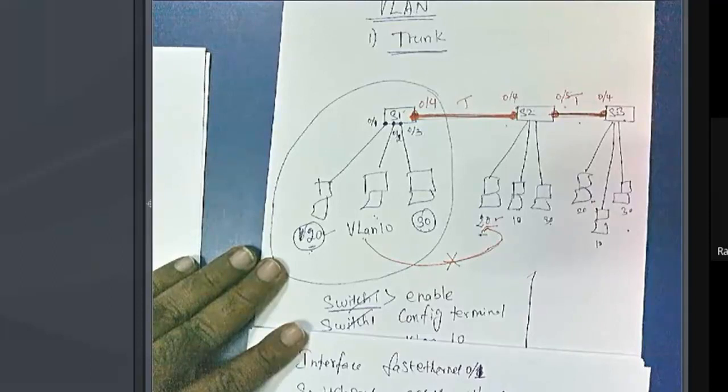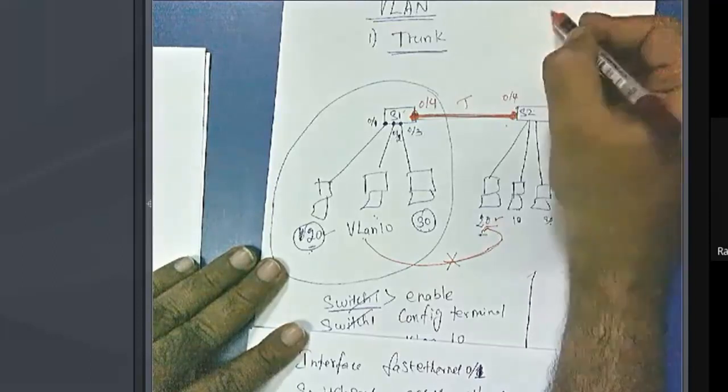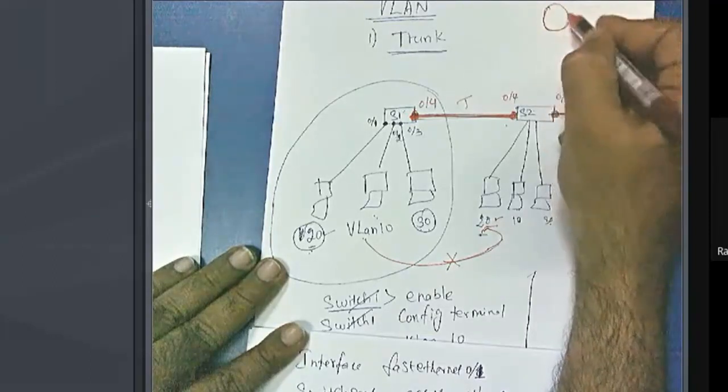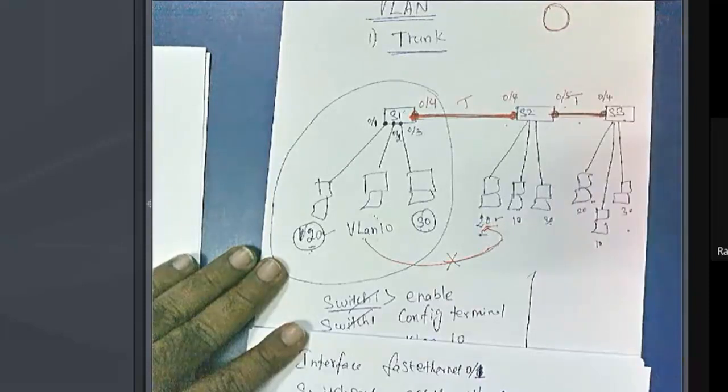But I want that. So what you have to do is go for the router. You can connect the router anywhere; in the exam, maybe they will give it anywhere. For example, this is the router on a stick.